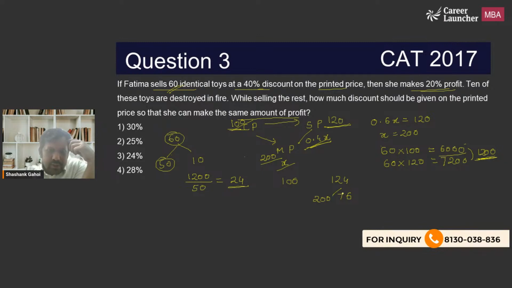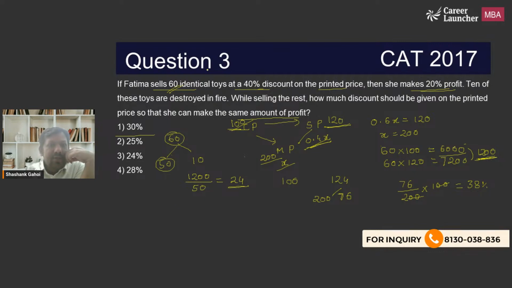So did I miss something? She needs, while saying how much discount she should give on printed price. Okay. So this is going to be 76. So she needs to give a discount of 76 rupees, and 4 out of 200. So her profit percent should be 38, but I can't see any option that is 38.